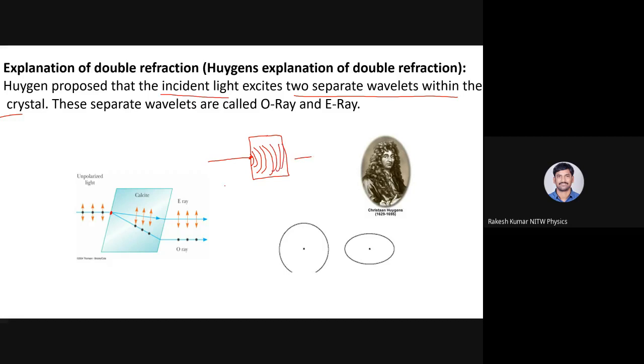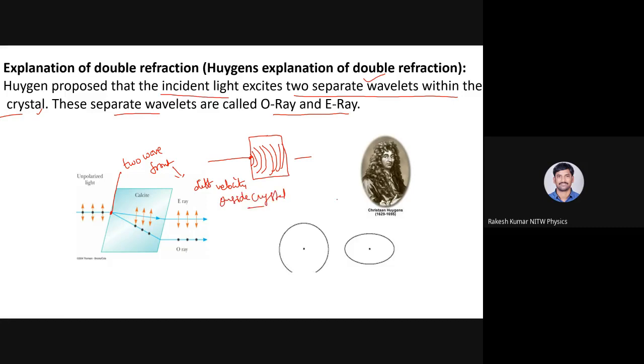Whereas in a double refracting crystal, it is going to generate two wavefronts. Please remember, two wavefronts. These two separate wavelets are called the ordinary ray and the extraordinary ray, and they will travel with different velocities inside the crystal. I'll tell you how it will be.